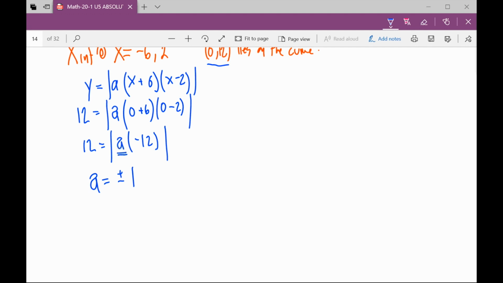But you can imagine a situation where a is just some positive value. And positive times -12, even if it was 1, positive 1 times -12 would be -12, and the absolute value of -12 would be 12, and we're right back to the same thing. So a can be either positive or -1.